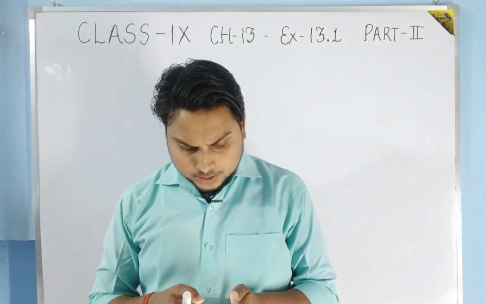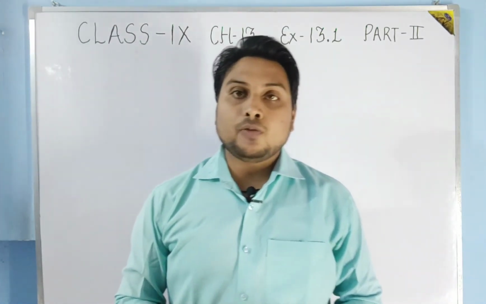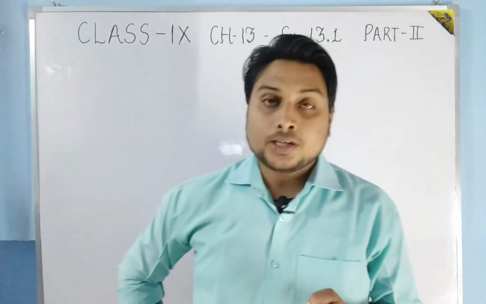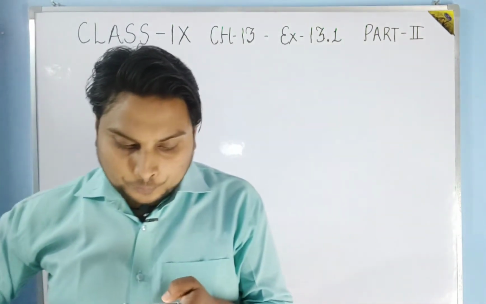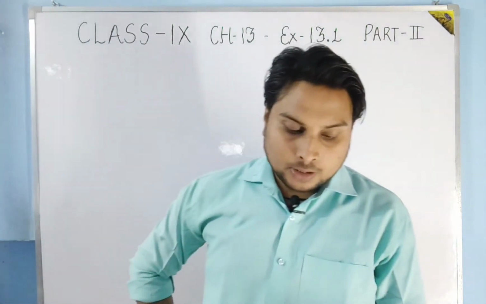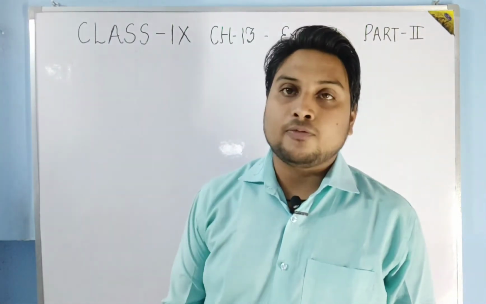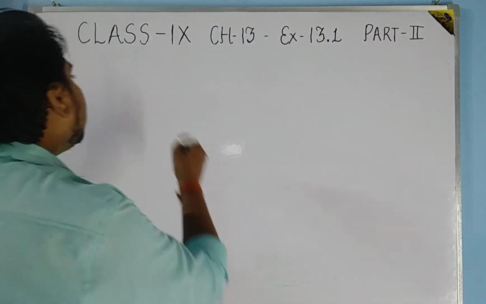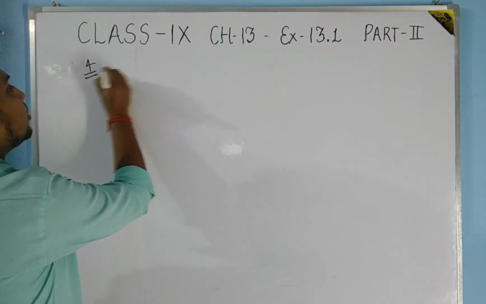Now coming to students, question number 4, and what is the question? The paint in a certain container is sufficient to paint an area equal to 9.375 meter square. Okay, so in this question what is given?